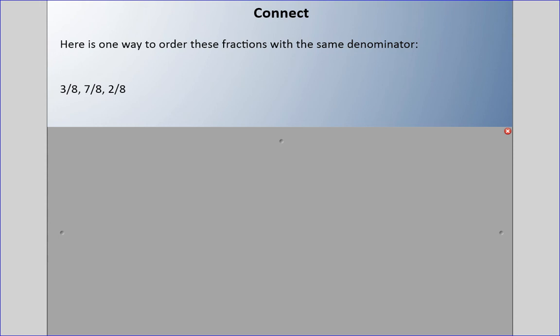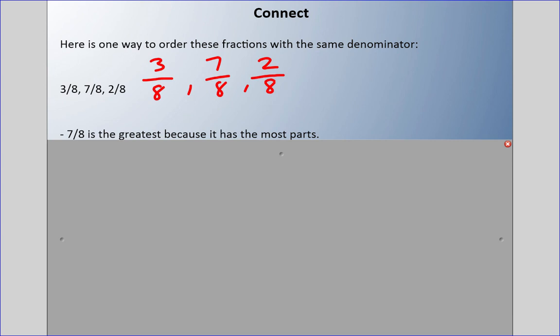All right, so here's one way to order these fractions with the same denominator. I have 3/8, 7/8, and 2/8. And like I said, I need to rewrite these sometimes just because of the way it's written. 3/8, 7/8, and 2/8. And so 7/8 is the greatest because it has the most parts being counted. The numerator is the highest.